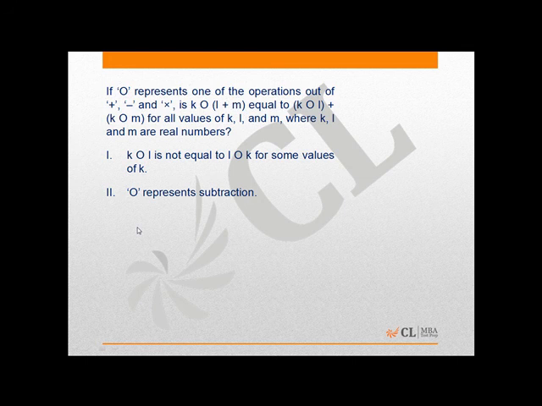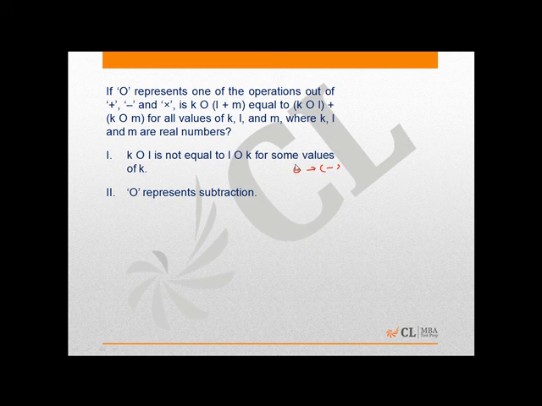Okay, so the first statement gives you K O L is not equal to L O K for some values of K. If you see the sign of plus or multiplication, K plus L is always L plus K, and K into L is always L into K. And statement 1 is saying that it is not equal for some values of K. That means in this case O has to be negative.